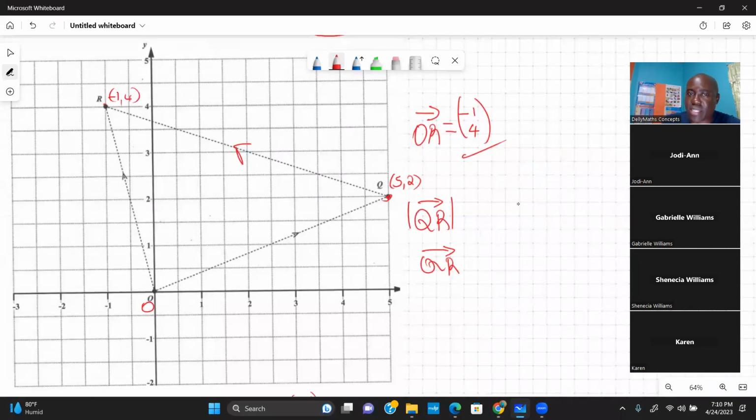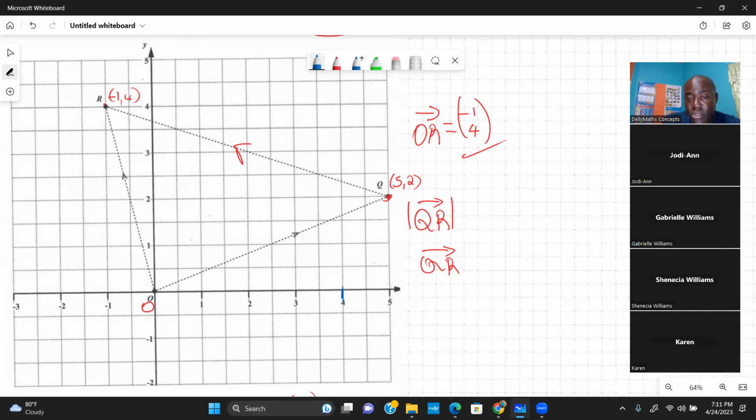I'm going to do it 3 ways for you. One, in order to find the magnitude of QR, you need to know the vector QR. Based on the fact that you're on the grid, you're looking at the line and the line is well ruled up. You could employ counting, but be careful with your counting.